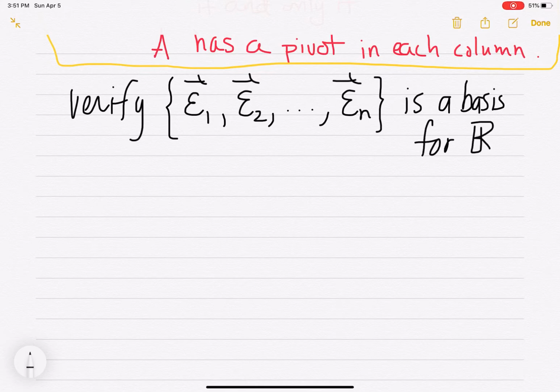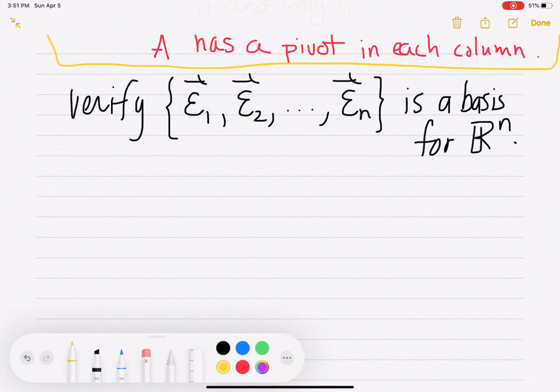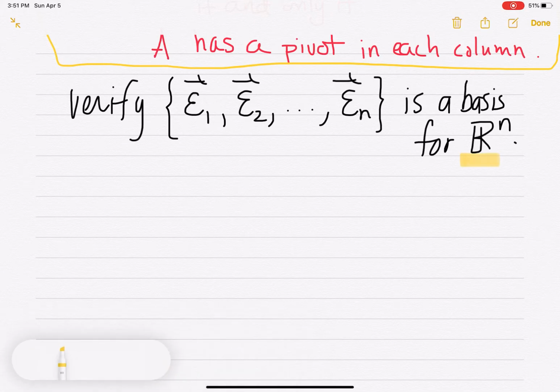So the subspace here is Rn, right? Rn is the vector space and the subspace is Rn. So we're talking about a subspace of itself. The whole entire vector space is considered the subspace.